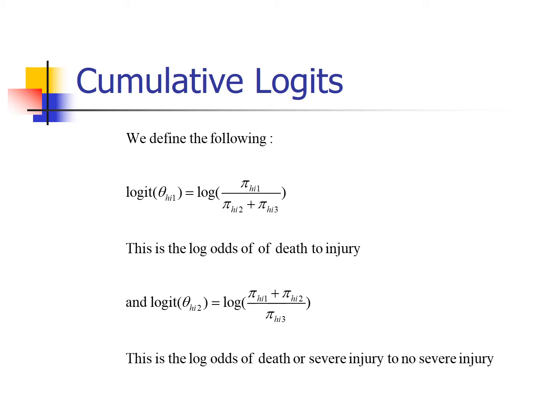And then logit of theta 2 is, well, theta 2 is pi 1 plus pi 2, and then the denominator is 1 minus that, which is just pi 3. So this is the log odds of death or severe injury to no severe injury. All right, and now we see these are our two equations, we have our two sort of y variables.